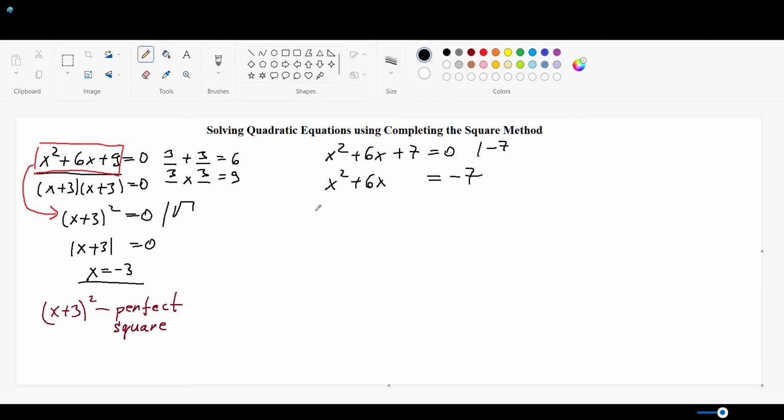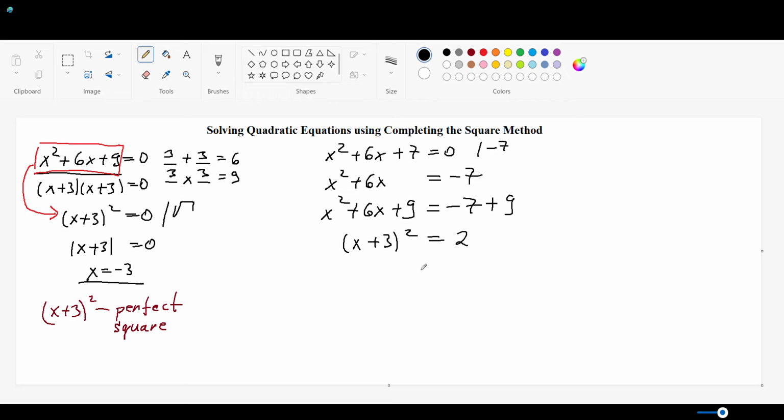So what are we supposed to do with the expression on the left side? There is only one way: we add the number 9 to both sides of this equation. So my equation is now in this form, and using the perfect square, we can rewrite the left side as x plus 3 squared equals 2.